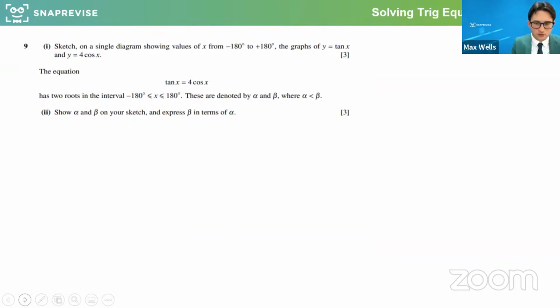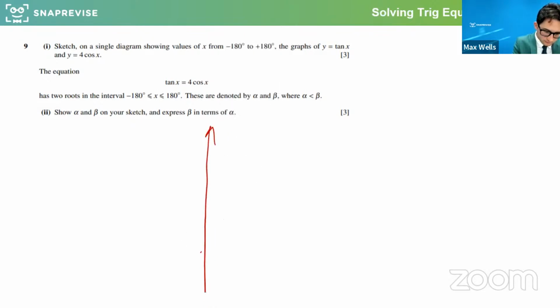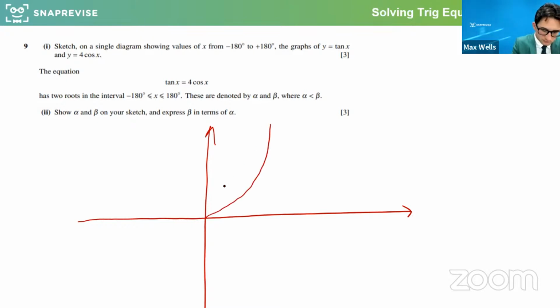So it says sketch on a single diagram, from minus 180 to 180, the 2 graphs of tan x and 4 cos x. I would probably do the tan x one first. I know the key values you want to see on a graph would be every 90 degrees, where something quite crucial is happening.